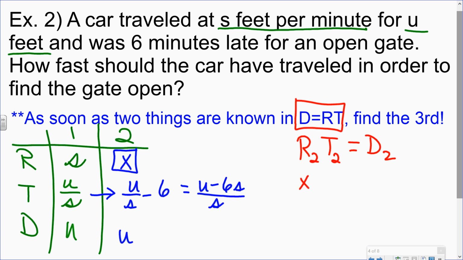So R2 is X, T2 is U minus 6S over S, and D2 is U.